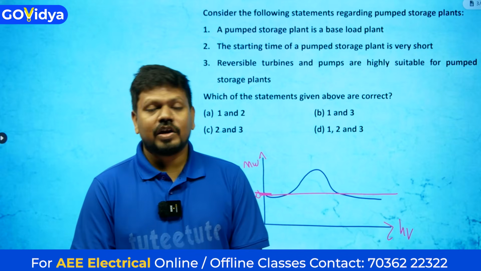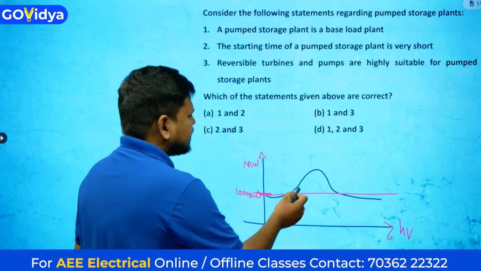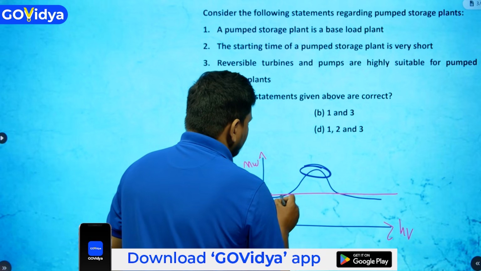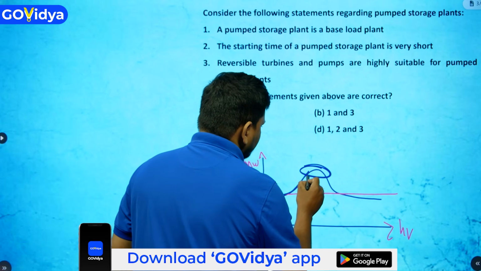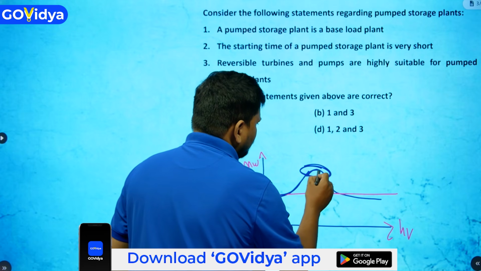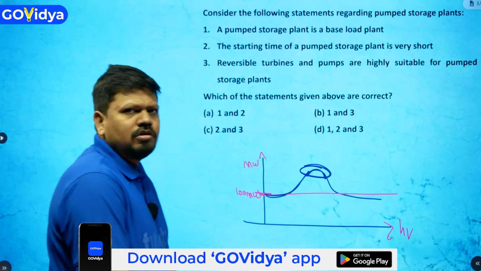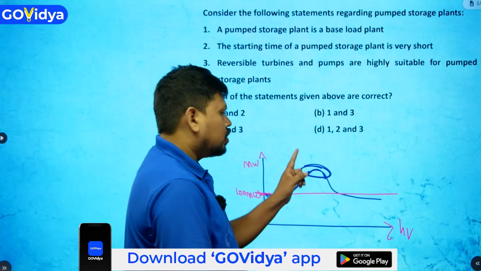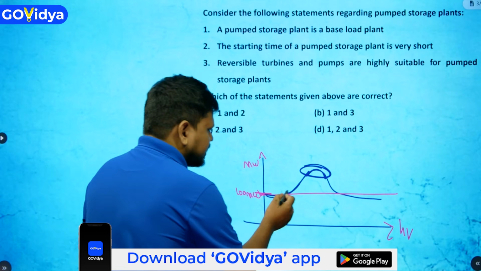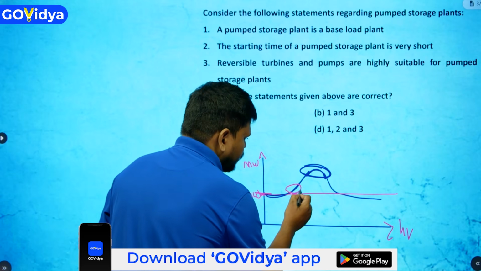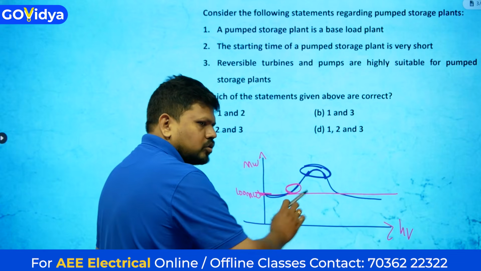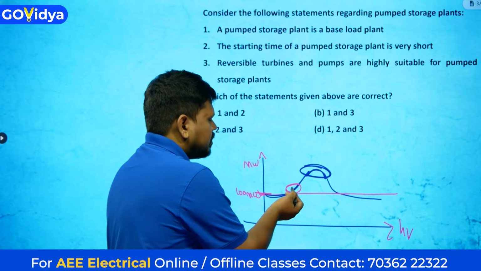We use it whenever demand reaches the maximum peaks, in this area only, where demand has increased to more than 200, say 220, near the maximum value. Whenever demand increases, we use the same base load power plants, increasing their capacity a little bit.